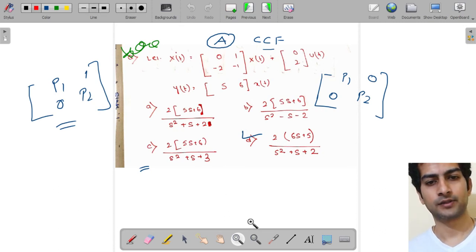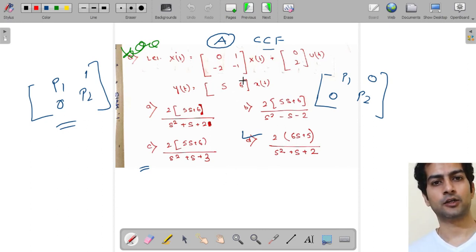Now students, I want to explain one point. You must remember we solved a question where we had the state equation, and I taught you how to calculate its transfer function.